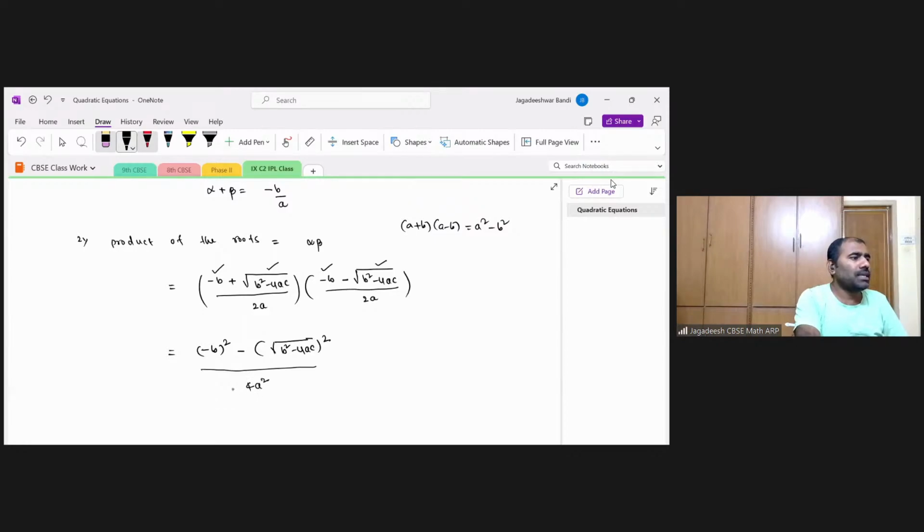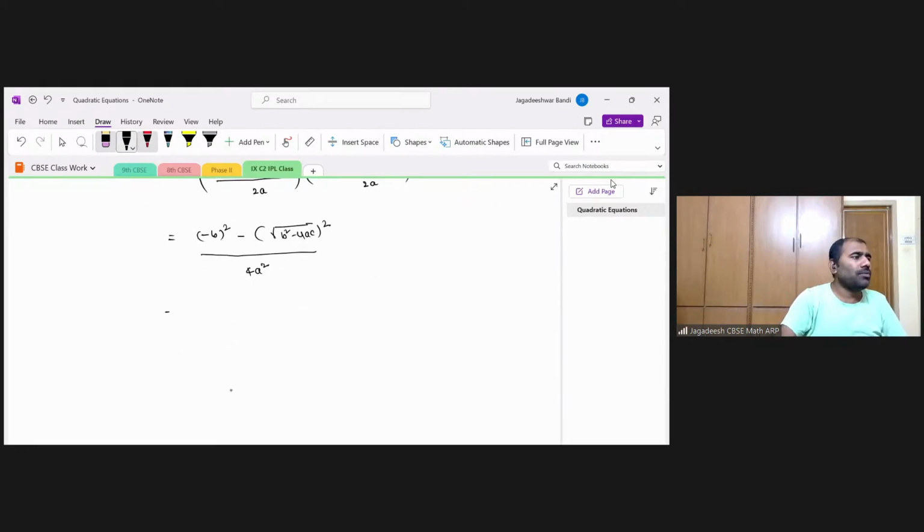Fine. Now let's see the next step. Now (-b)² is b², minus of, we all know square and root get cancelled, then we'll get minus of (b² - 4ac) divided by 4a². Now let us simplify further. b² minus into b² minus b², minus into minus 4ac gives you plus 4ac, divided by 4a². So b² and minus b² get cancelled, then we'll get 4ac by 4a².